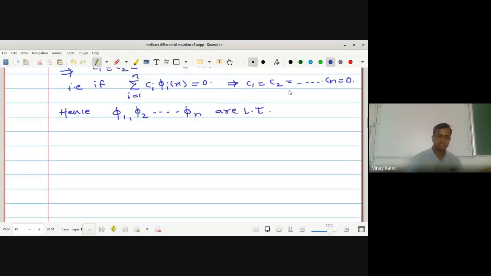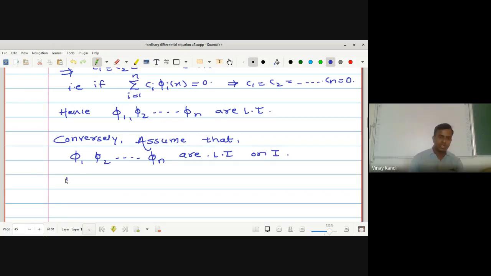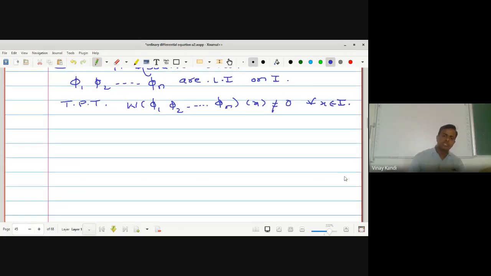Now the converse part. Conversely, assume that phi 1, phi 2 up to so on phi n are linearly independent on I. For any point x belongs to I, to prove that the Wronskian of phi 1, phi 2 up to so on phi n at point x is not equal to 0 for all x belongs to I. So suppose the contradiction.